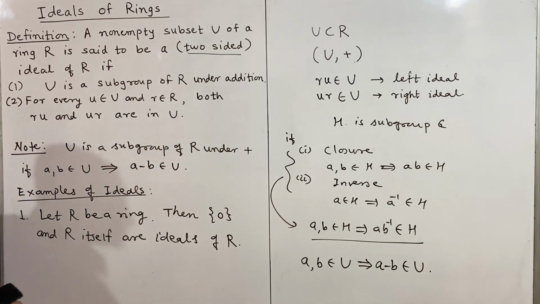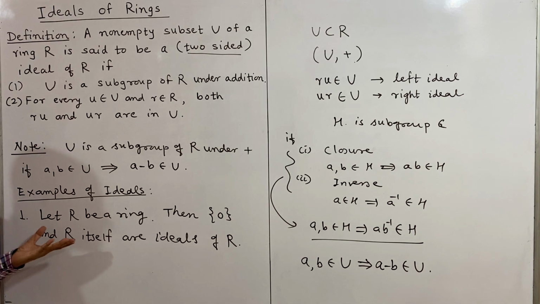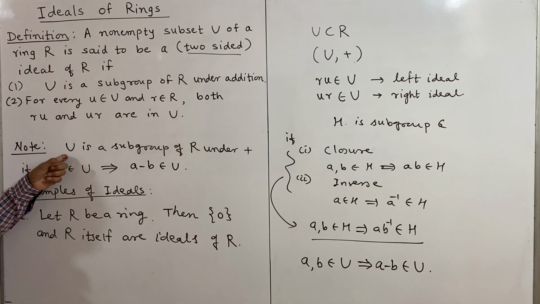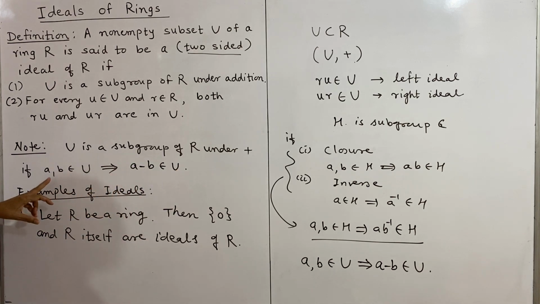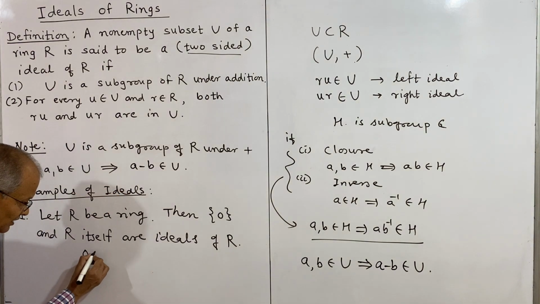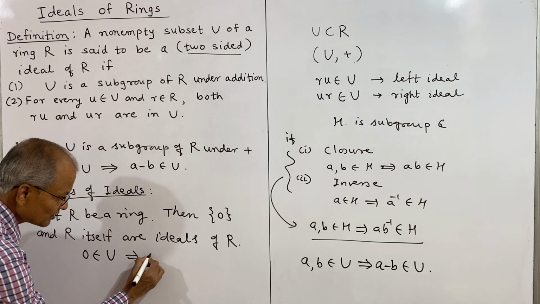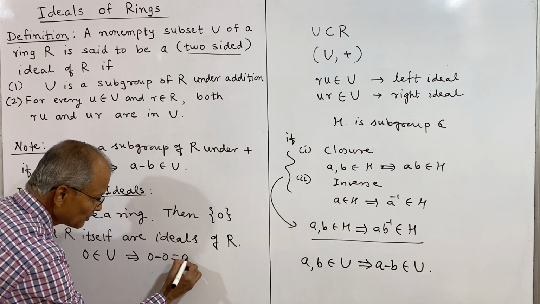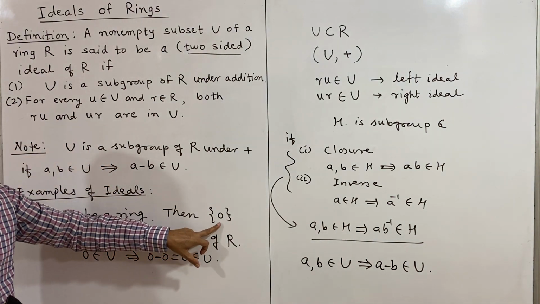This singleton 0 is a subgroup under addition because it contains only the single element 0. How to prove it is a subgroup under addition? If 0 and 0 are in U, then 0 minus 0, which is 0, belongs to U. So this is a subgroup under addition.